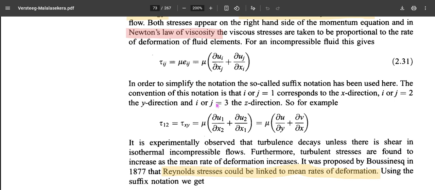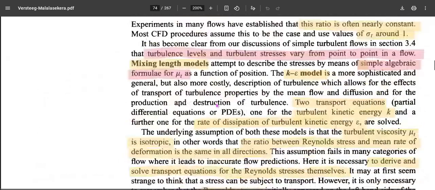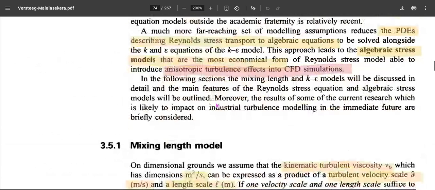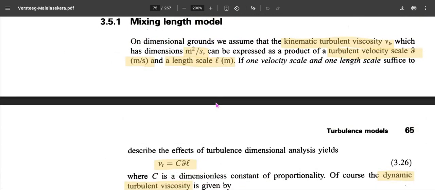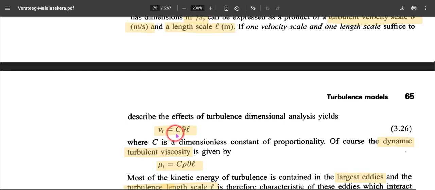rate of deformations. There are many models, like we saw in the previous tutorial, like the algebraic mixing length model, where we don't have any extra equations other than the Reynolds equations, and we analyze from a dimensional point of view how to identify the kinematic viscosity based on the velocity scale and the length scale of the turbulence.